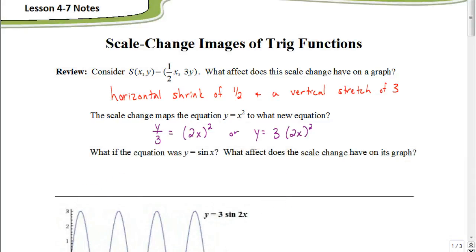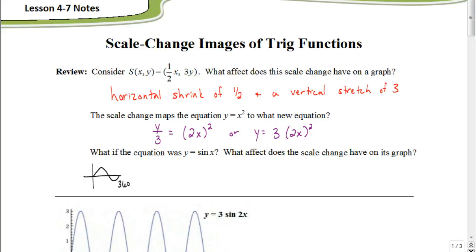Okay, so here we have y equals sine of x. We want to figure out what effect a scale change has on its graph. Well, it's going to have the same impact. It's still going to have a horizontal shrink of 1/2 and a vertical stretch of 3. Now, if you recall, our sine function will look something like this, between 0 and 360. So one cycle for our parent function, sine of x, repeats itself every 360 degrees.